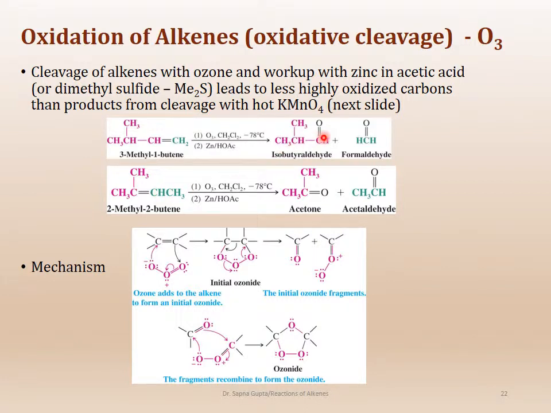So you can get aldehydes and ketones, and also ketones. Depending on what kind of alkene you have, not substituted, partly substituted, to completely substituted, you can get different kinds of aldehydes and ketones. So make a note of that.